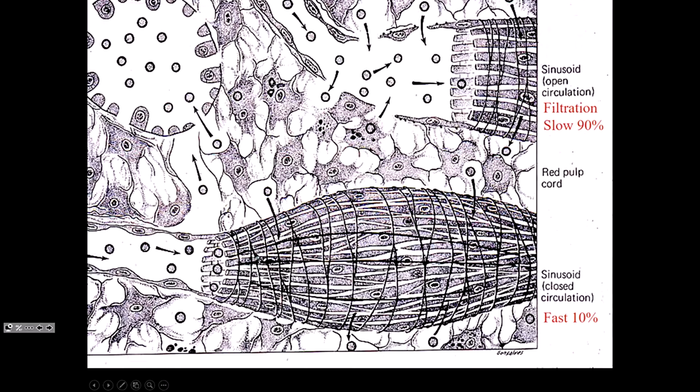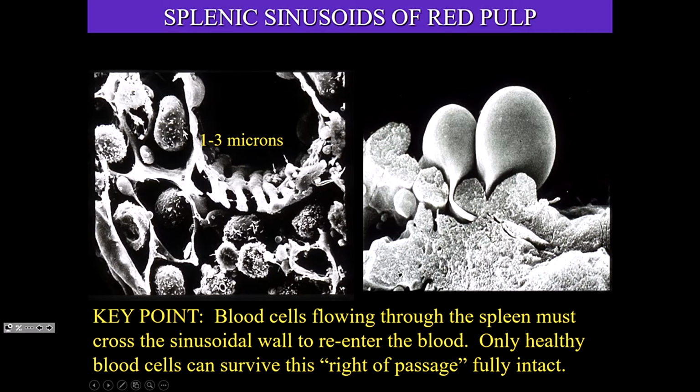So what happens is the red blood cells can pass out into the parenchyma, and then they want to squeeze back into the sinusoid through these slits shown here. So here's our sinusoid. Here are the slits between the endothelial cells. And here you can see how these red blood cells are squeezing right here between the slits of the endothelial cells in the sinusoid.